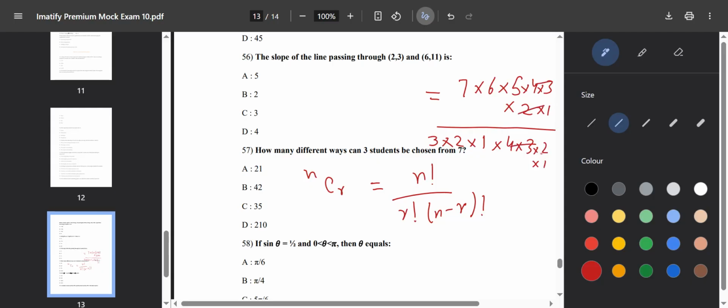This all cancels out. It remains 7 into 6, 42. You can cut it as well: 3 into 2 is 6, and 6 cancels out. We are only left with 7 into 5, which will be 35. So C is your correct answer.